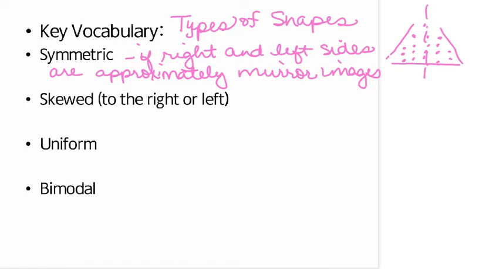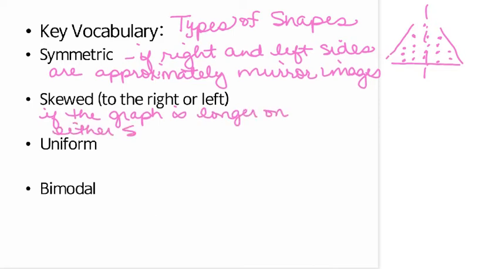Then we have skewed. Skewed means the graph is longer on either side. Now, the skewness goes to what I call the longer tail.